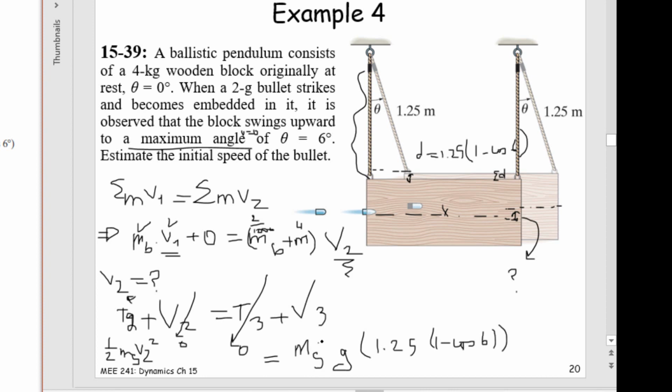It's mb plus m. So I know all of these terms, so I can find V2, and then plug it in to find V1. You can do it by yourself. And V1, which is the velocity of the bullet before collision, the initial velocity, is 733 meters per second. Thank you.